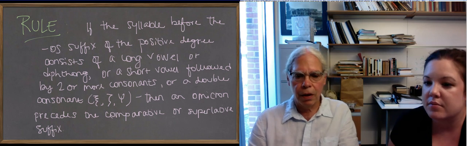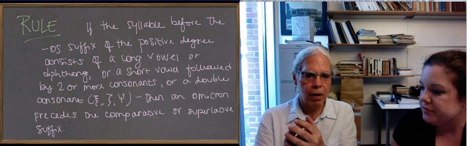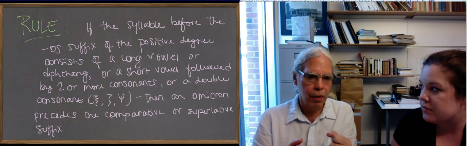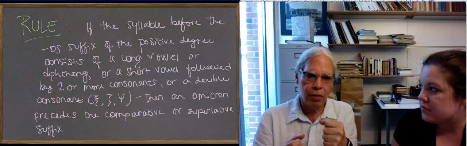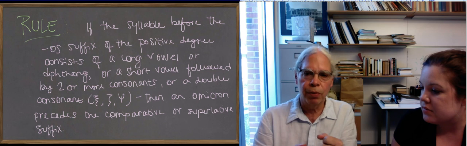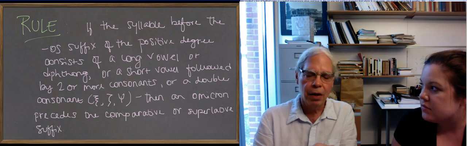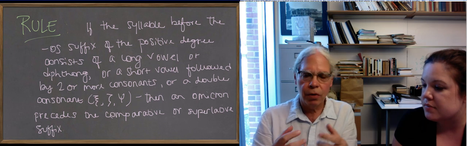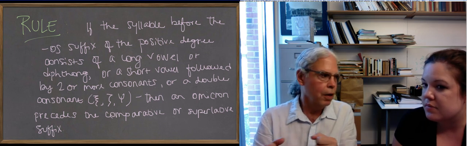So the basic notion is that you have an omicron when the syllable before the omicron is a heavy syllable or a stressed syllable or a long syllable. People use different terminology for this. And you have an omega when it's an unstressed syllable. So the idea is you don't have too many of these in a row.